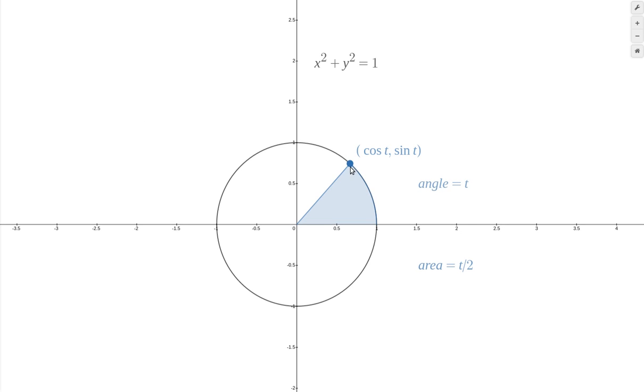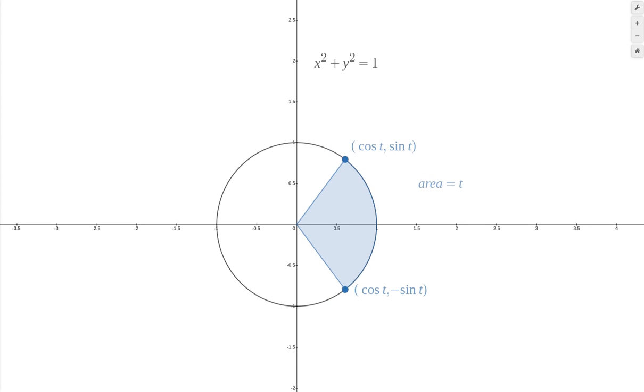So if we were to reflect this angle downward and open in both directions symmetrically and simultaneously, then the area of the entire circular sector in this picture would be t, precisely the same as the angle we originally considered. So in this way we can consider the unit circle parametrized by not an angle, but instead an area.